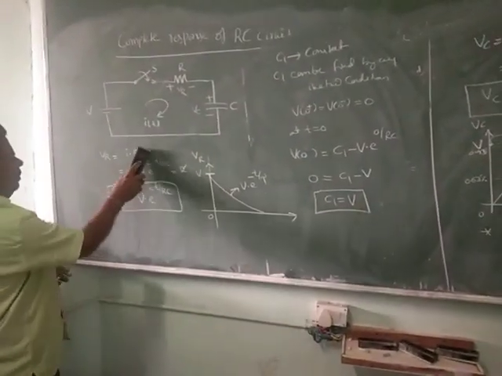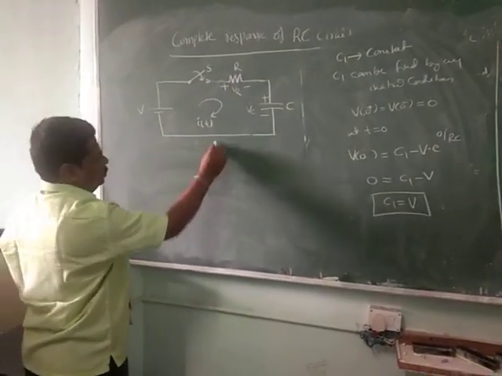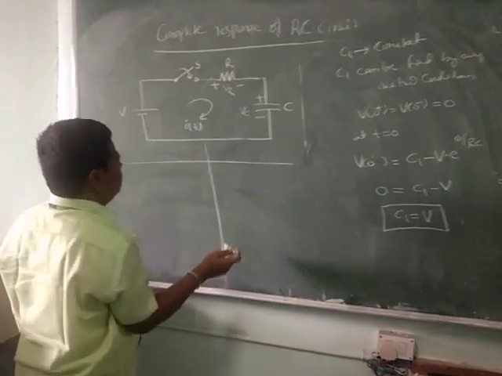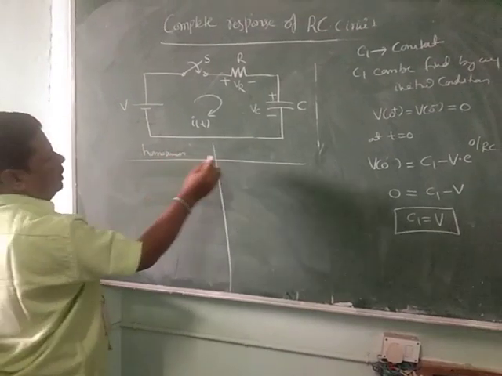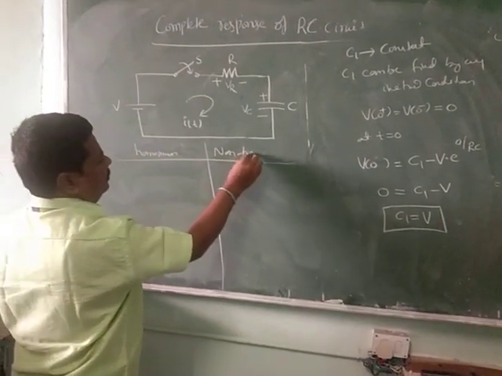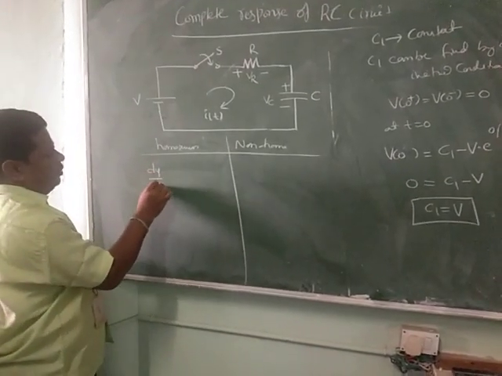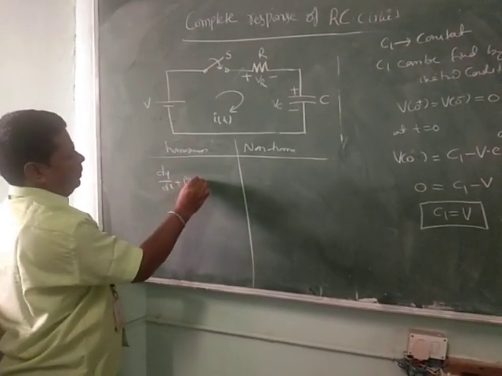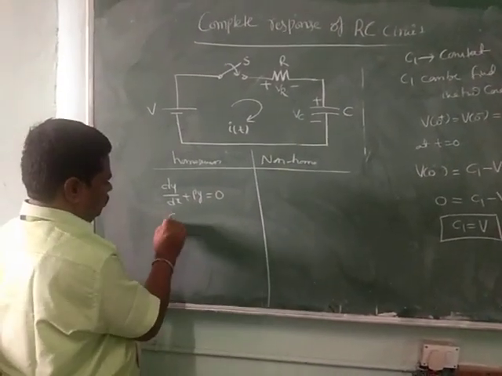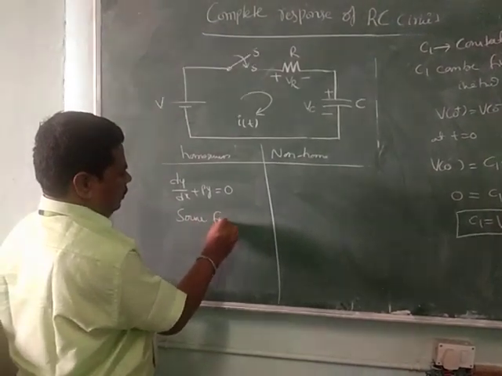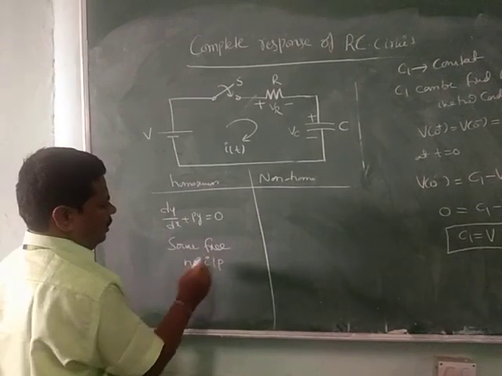Coming to a small note, there are two types of differential equations: homogeneous and non-homogeneous. In homogeneous, the form is dy by dx plus py is equal to 0. That means input is equal to 0, source free, there is no source, no input.